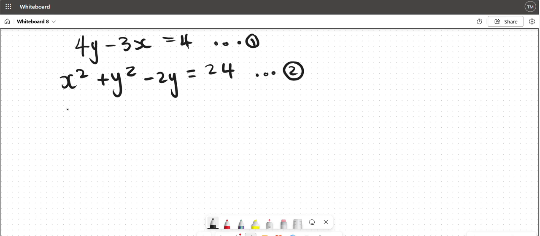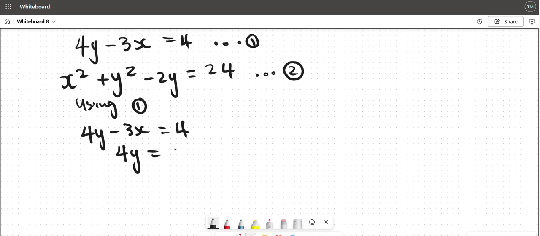So if I take equation 1 again, using equation 1, I'm going to get 4y minus 3x is a 4. I'm going to make y the subject, so it's a 4y is equal to a 4 plus a 3x. And then I would need to divide by 4 on both sides.